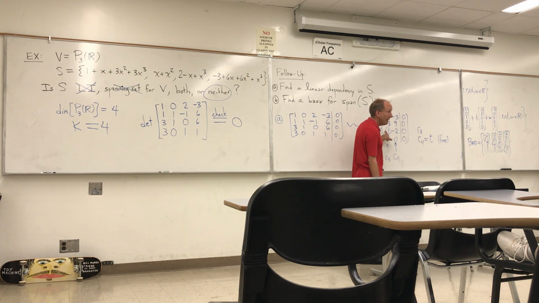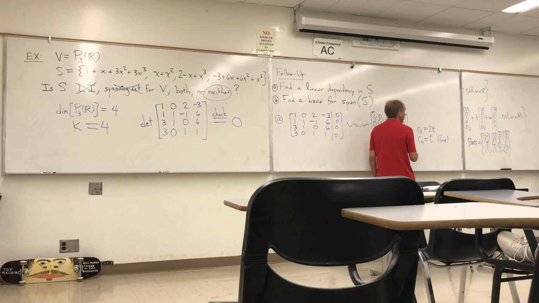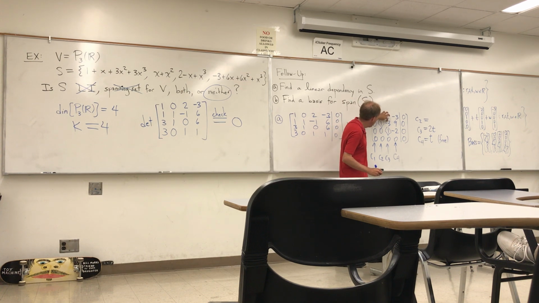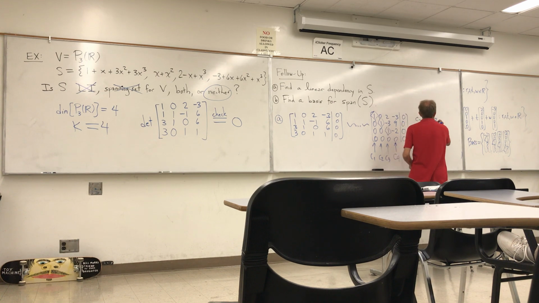So C3 minus 2T is 0. That means that C3 is 2T. And then C2, again by back substitution, what is it going to be? It's going to be 3 times C3, that would be 6T, and then minus 9T. That's negative 3T.